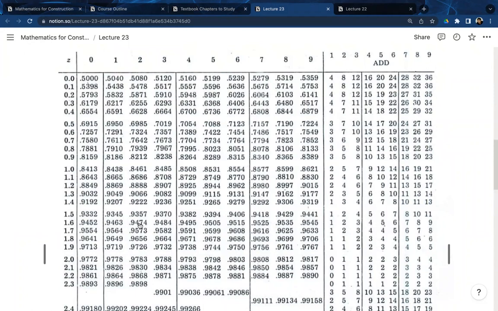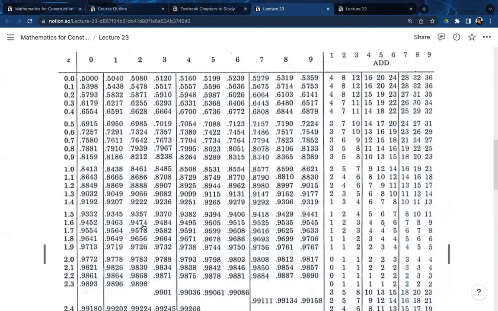So 9474 is 1.62, and then 5. If this 5 column here says to add 5 to 9474, then 9474 and 5 is 9479.